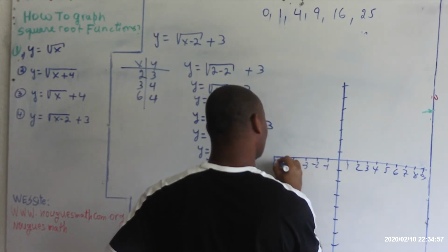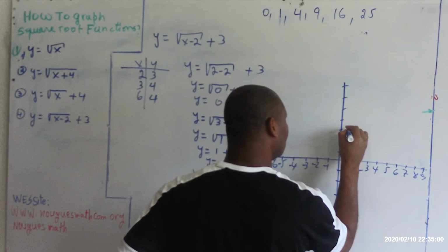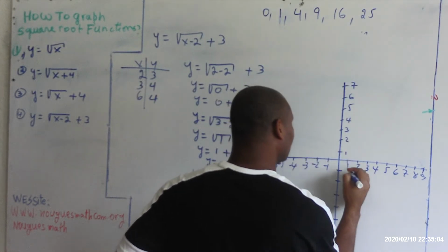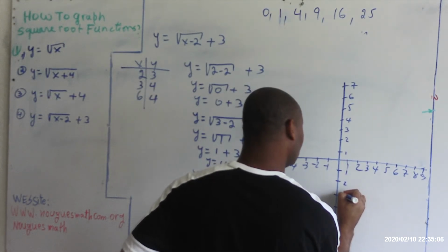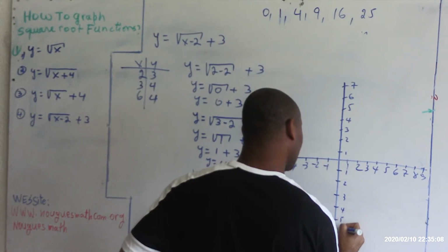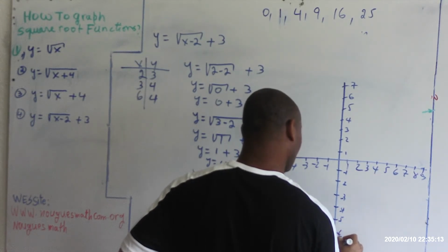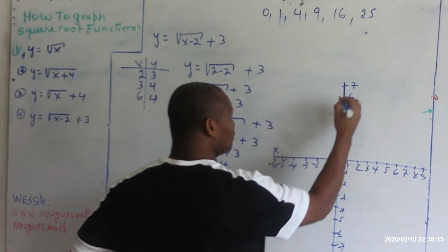Negative numbers, okay? Do not forget. 1, 2, 3, 4, 5, 6, 7 on the other side as well. Negative numbers. Okay, perfect. So this is the X, this is the Y.